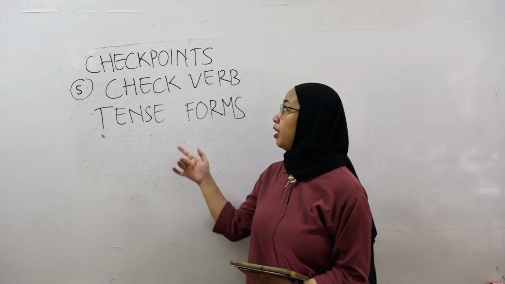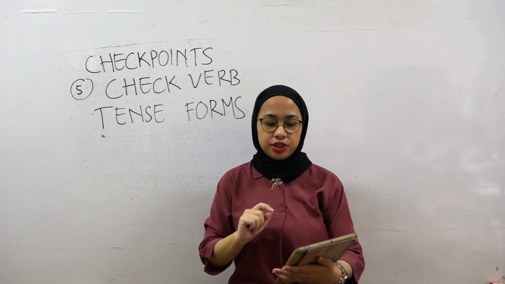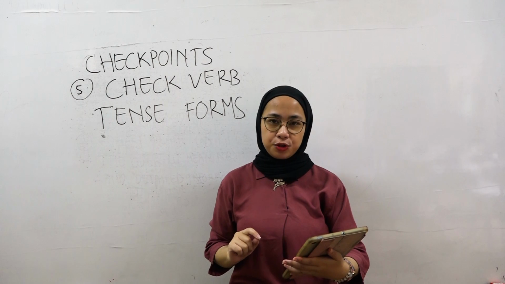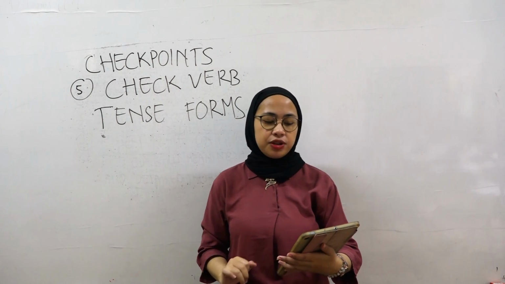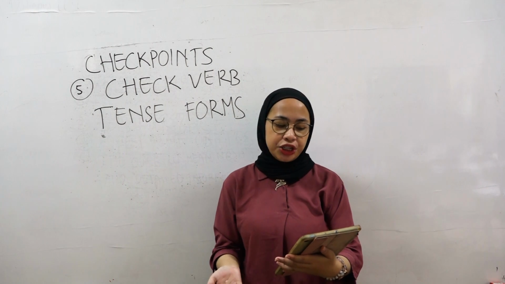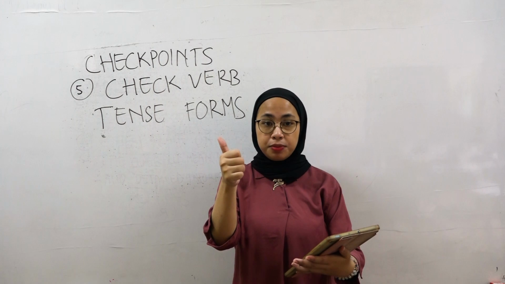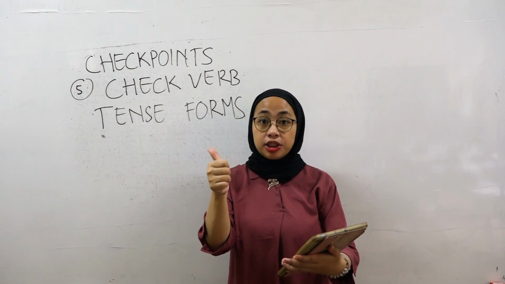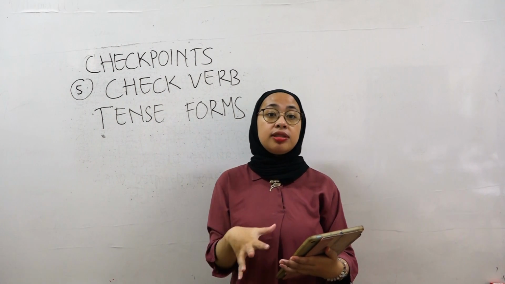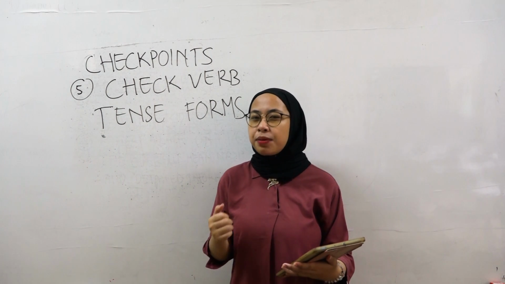The next checkpoint is the fifth checkpoint, which is you must check verb tense forms. The English verb has 5 principal parts. These principal parts are used in forming English verb tenses. There are 5. First, base form: start, hope, study, eat. So this is the base form of the verb. And the second one is the present one.